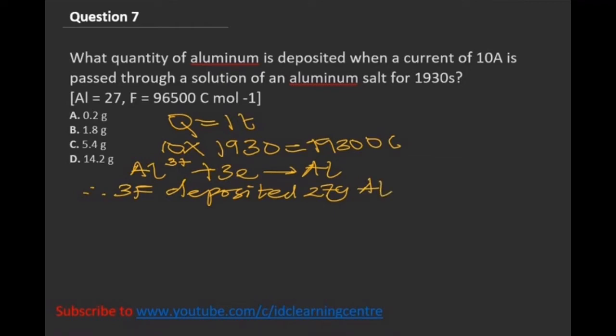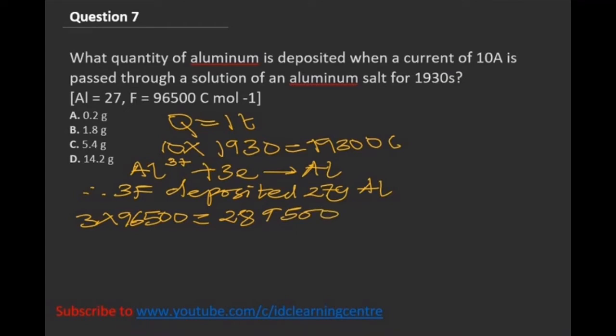So having done that, we say the three Faraday of aluminum, our Faraday, which is F, is 96,500. So our answer will be 289,500.